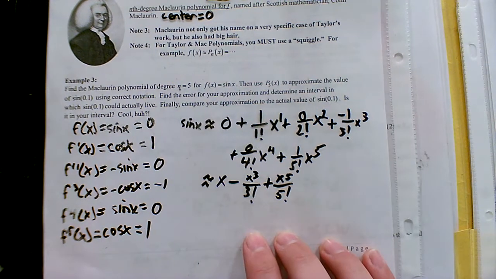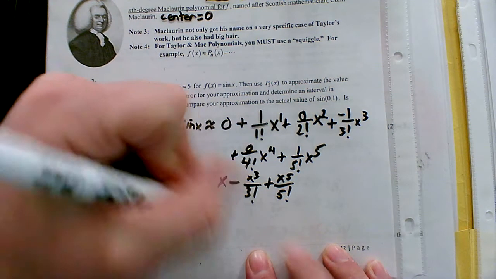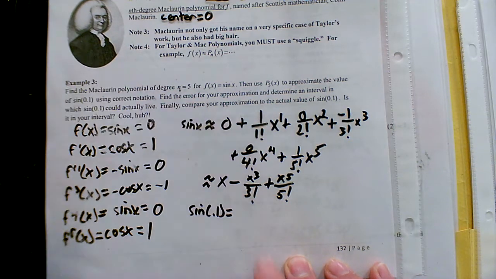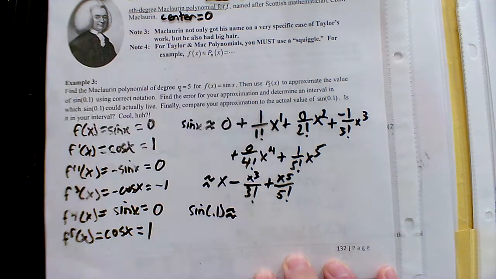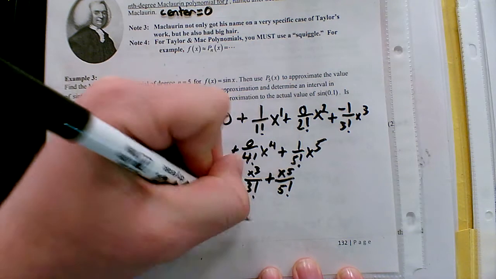So now we need to find the value of sine at 0.1. So sine of 0.1, and we're going to say it's approximately, so your squiggly lines, and we're going to use the approximation from up above.